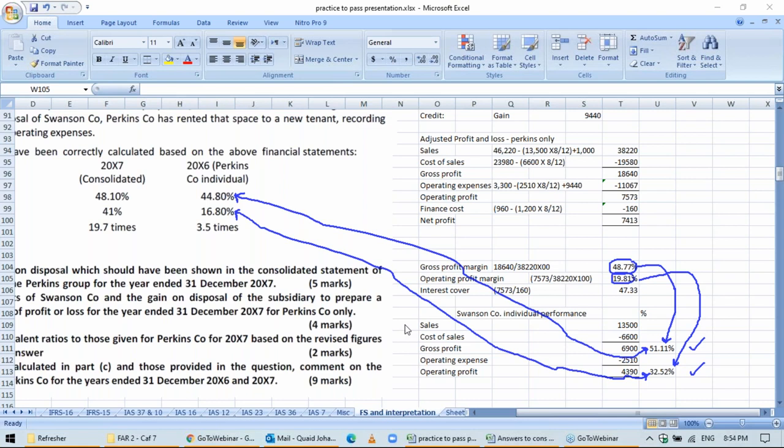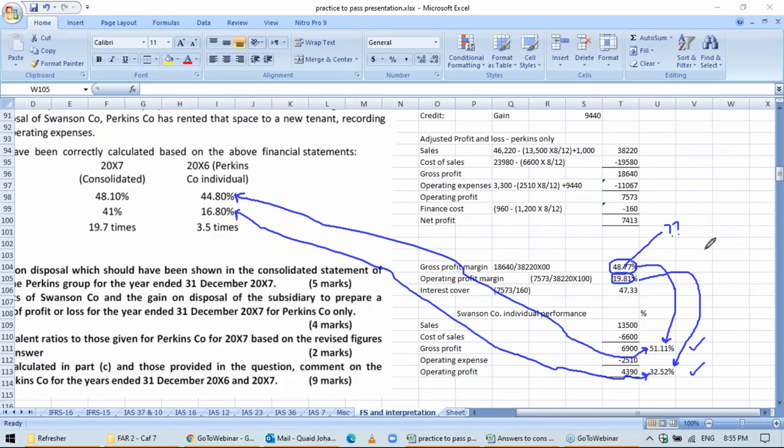But what is the gross profit margin of Perkins? It is 48%. So if Perkins sells products to external customers who are not related parties at 48%, then it was giving goods to Swanson, until it was in control, at 30% margin.